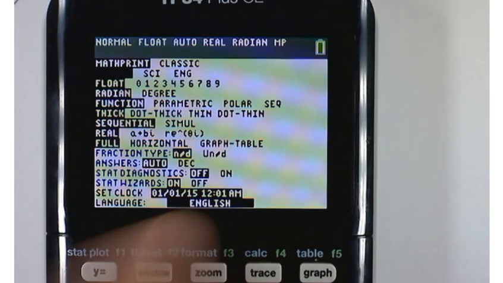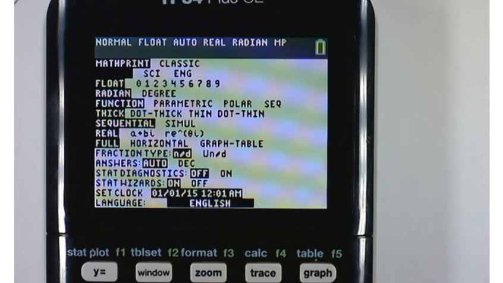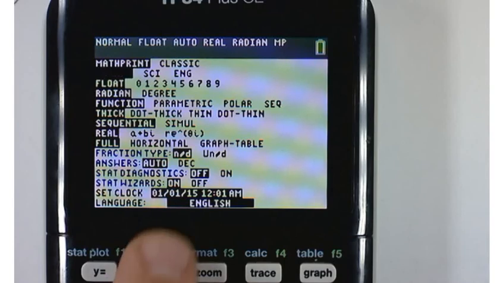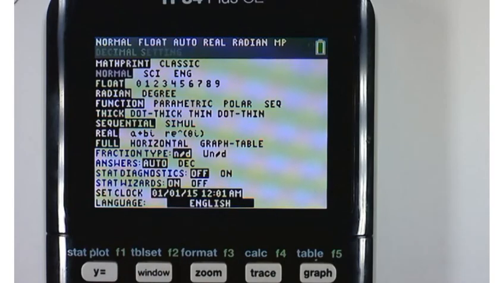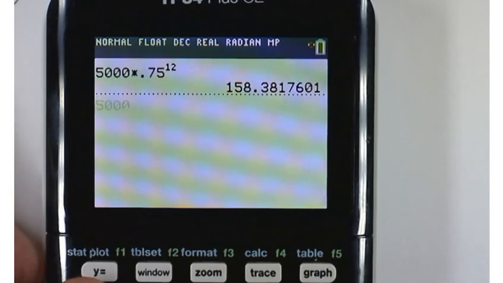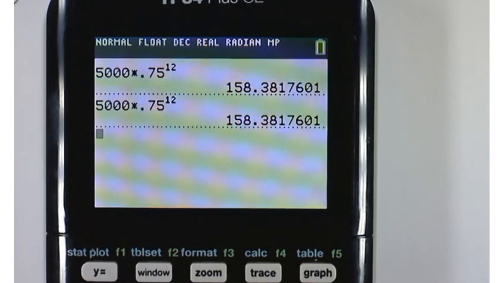In one of these settings, stat diagnostics off. I'm not sure why it's giving you a fraction. It's one of these settings though. Oh, here we go. Answers, auto, or decimal. Maybe it's that one. No, it's still giving me it. Math, answer to fraction.